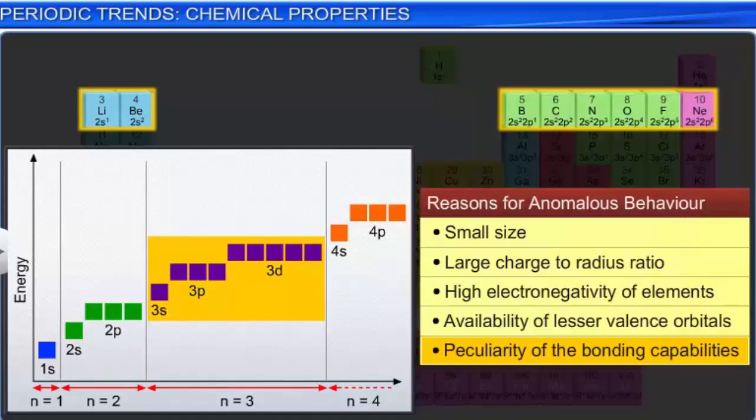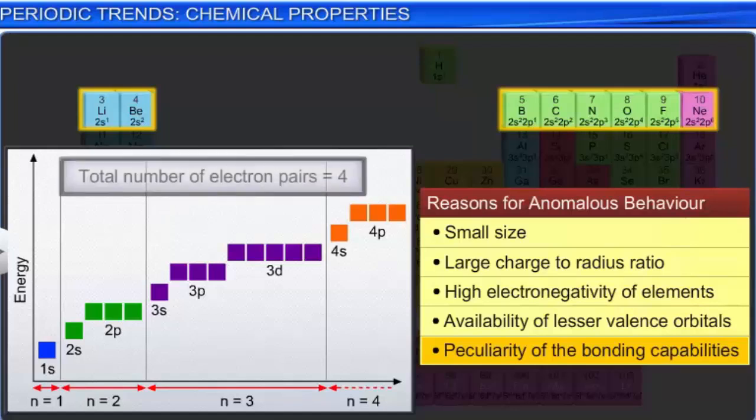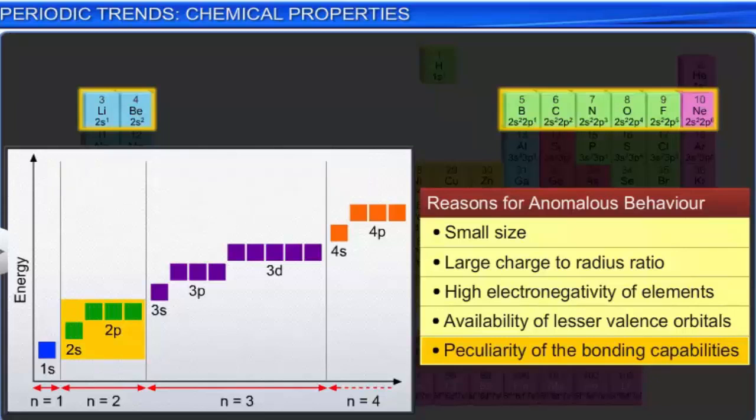As a result, the maximum covalency, or the number of shareable electron pairs, of the first member of each group is 4, whereas the other members of the groups can expand their valence shell to accommodate more than 4 pairs of electrons.